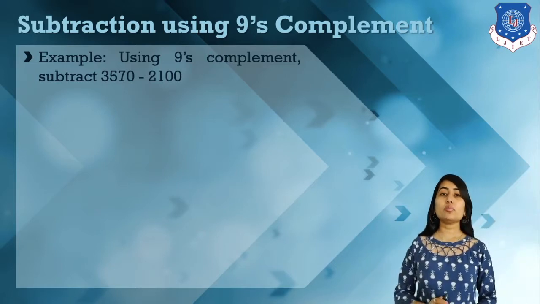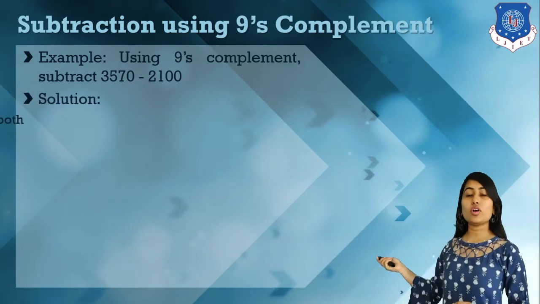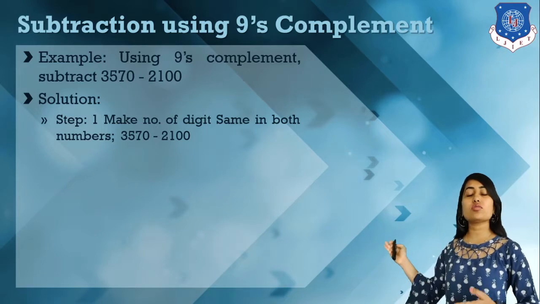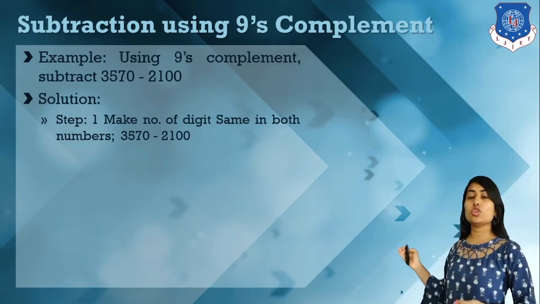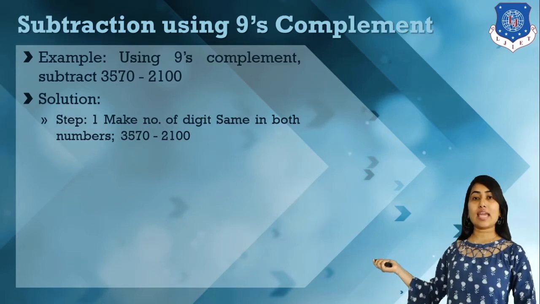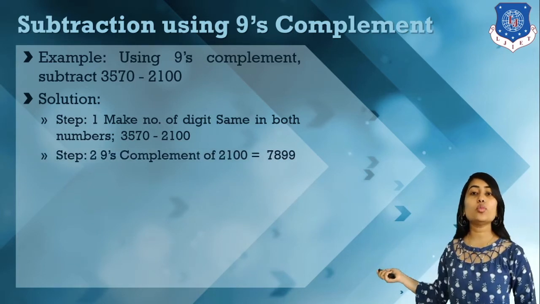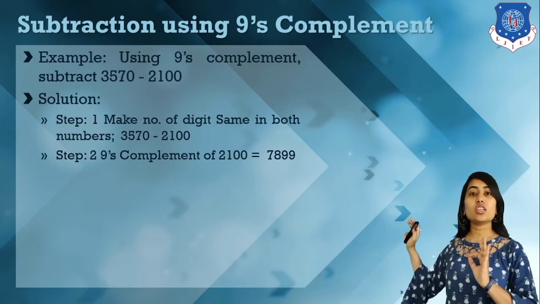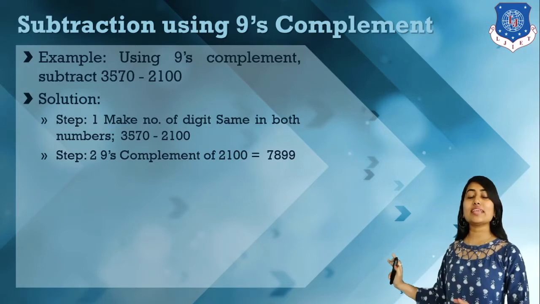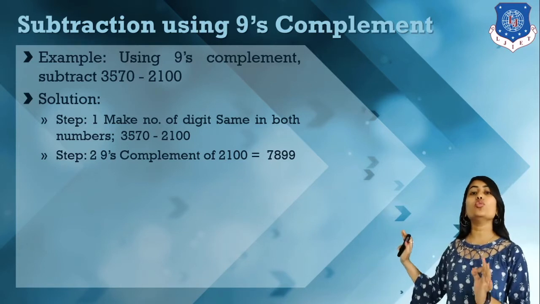So how can we perform that? Step number 1: make the number of digits the same. Here we have 3570 minus 2100. Then step number 2: calculate the 9's complement of the second number, that is, the 9's complement of 2100.